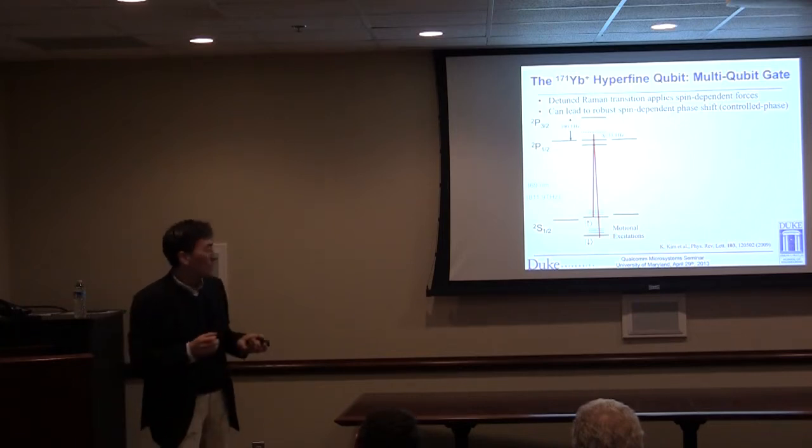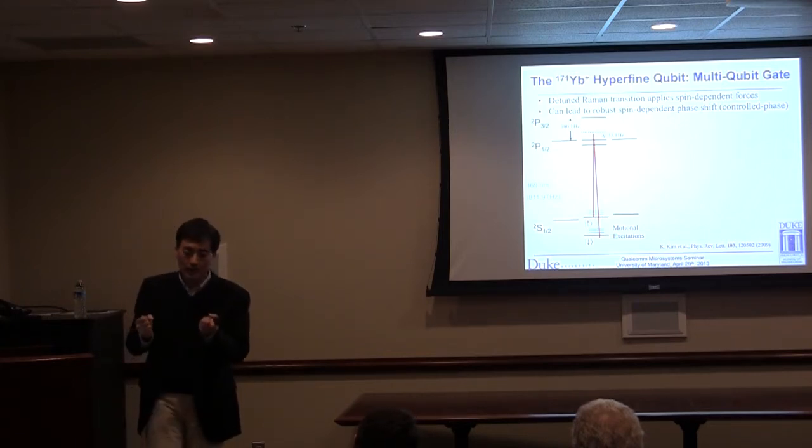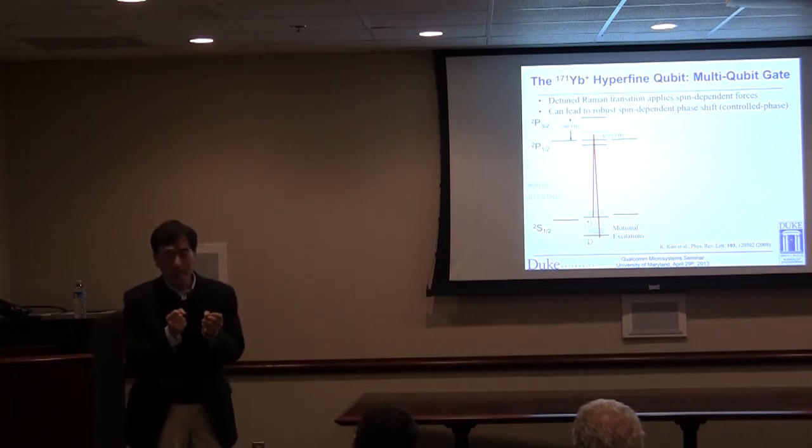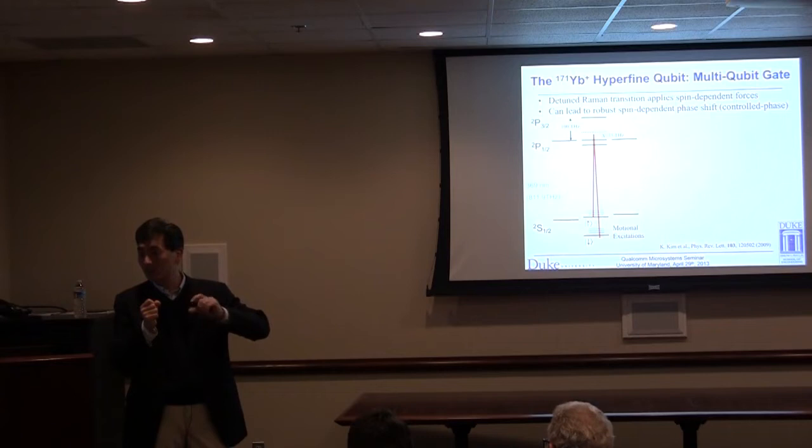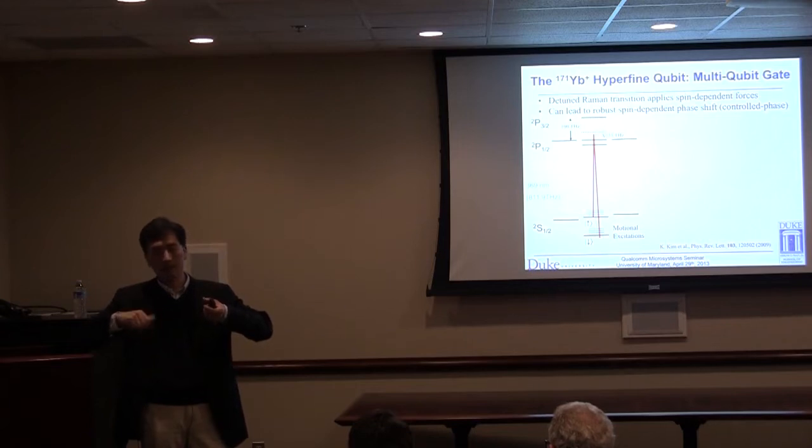Now, instead of having one ion in this trap, if you had two ions in the trap, the motional mode is actually shared by both ions. So you can excite this one motional mode based on the state of one qubit. And then you can do the reverse onto the other spin. If the motion is excited, then you flip it. If the motion is not excited, you don't flip it.